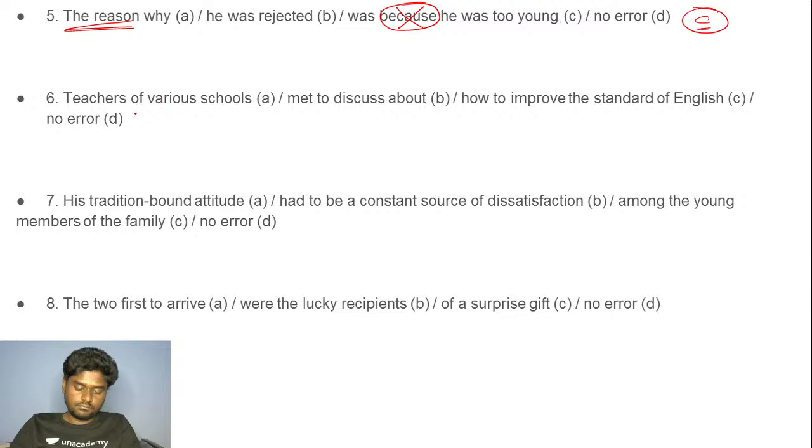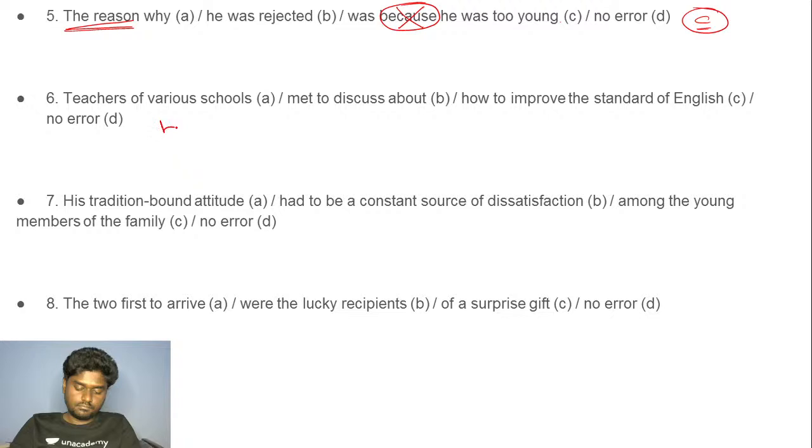Sixth one, teachers of various schools met to discuss about how to improve the standard of English. So it should be what?